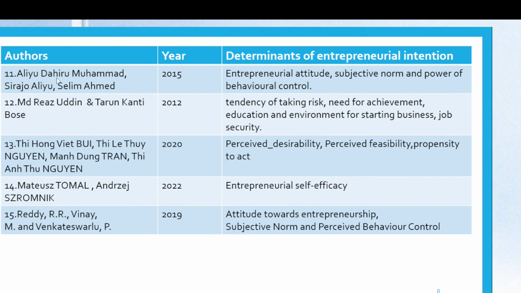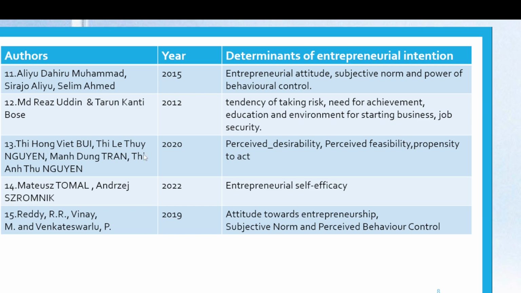The result from these authors is that the determinants of entrepreneurial intention are entrepreneurial attitude, subjective norm, and the power of behavioral control. These authors conclude that the determinants are tendency of taking risk, need for achievement, education, and environment for starting a business, and job security.